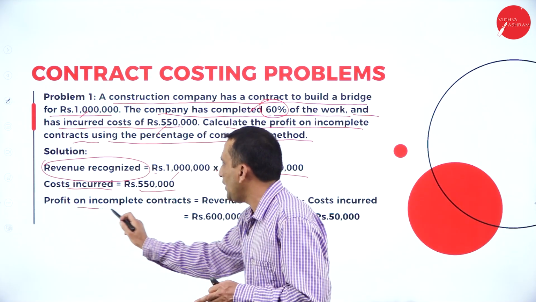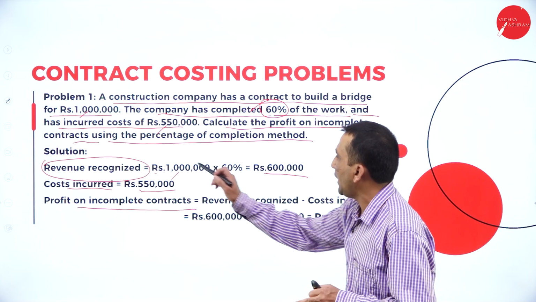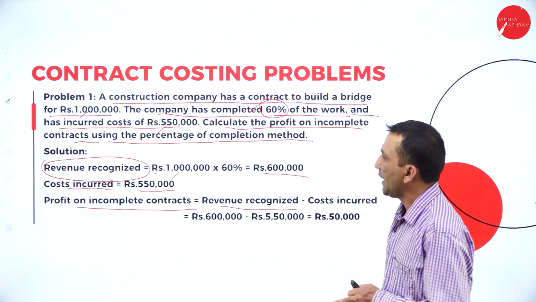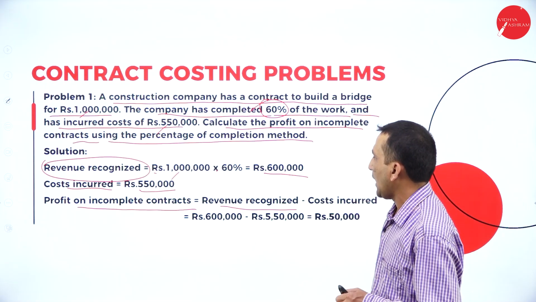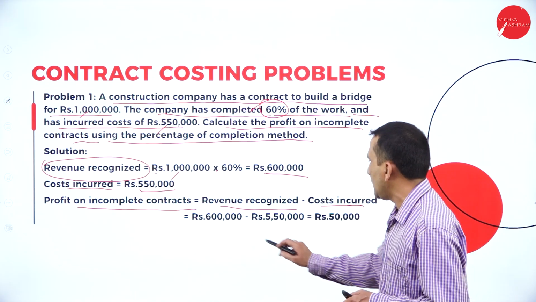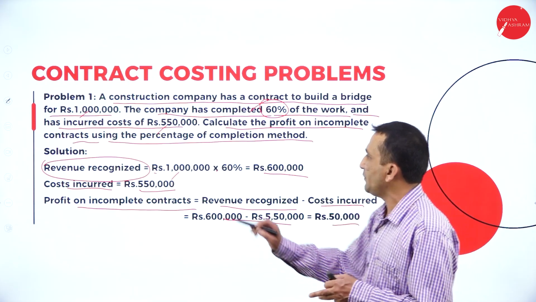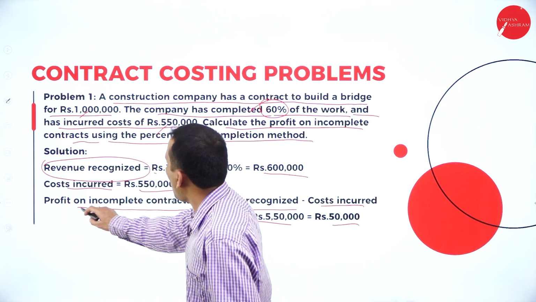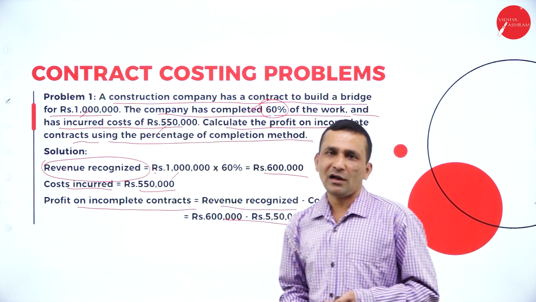So now the profit on the incomplete contract: revenue we have already recognized, 6 lakh. If you subtract the cost incurred, the difference is 50,000, which is nothing but your profit on the incomplete contract.